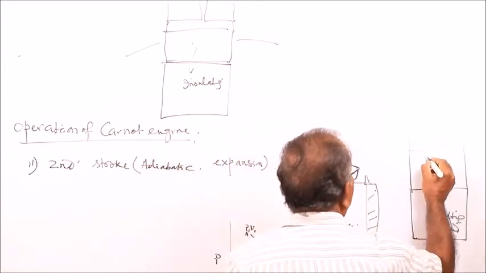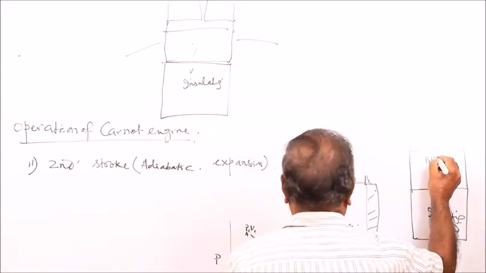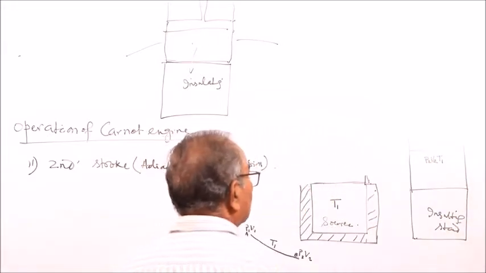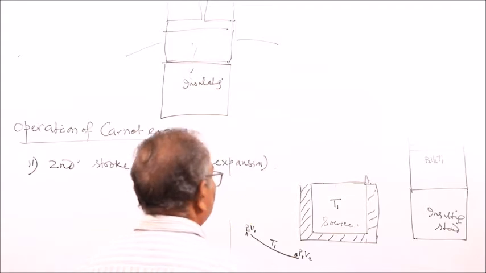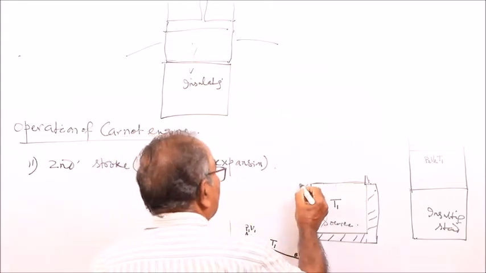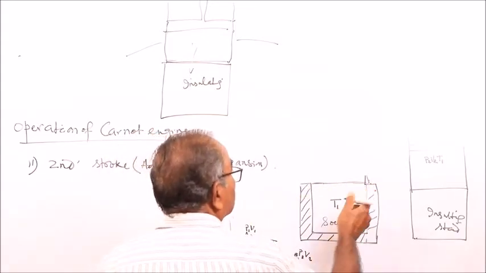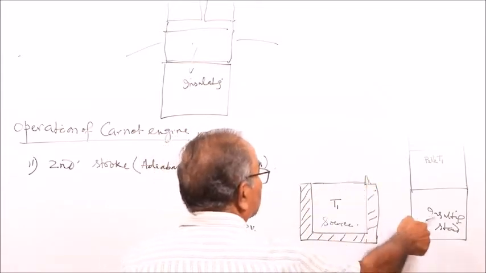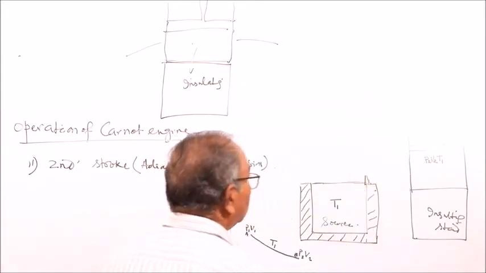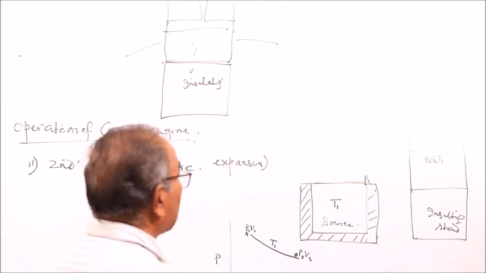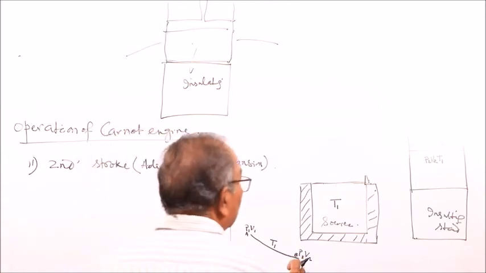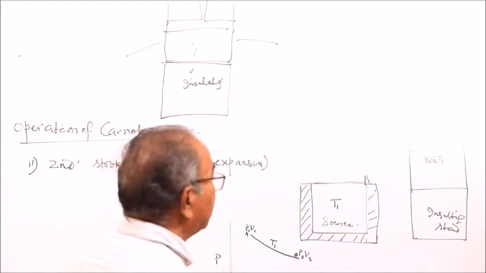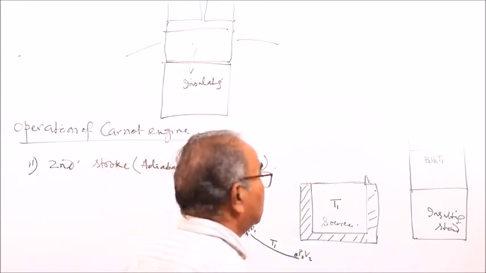Pressure was P2, volume V2, and temperature was T1 when the cylinder with movable piston and working substance was taken from the source and placed over the insulating stand.